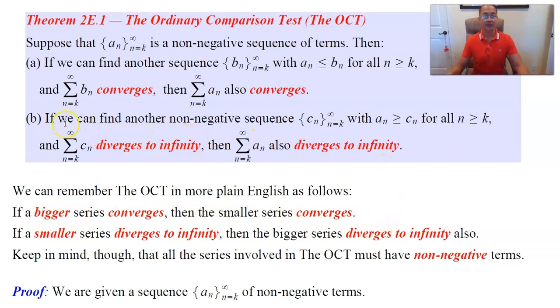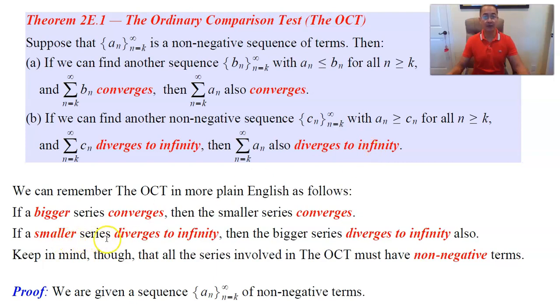Conversely, if instead we can find another non-negative sequence, let's call them c sub n this time, where a sub n is at least c sub n for all n at least k, and the smaller series, summation c sub n, diverges to infinity, it has to diverge to infinity because it cannot just diverge, the terms are all positive, or at least 0, then our bigger series must also diverge to infinity.